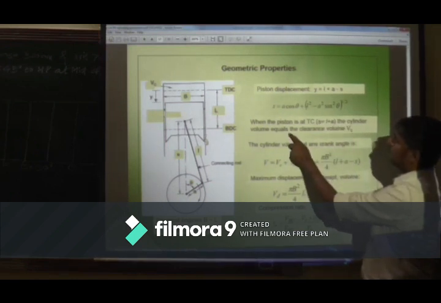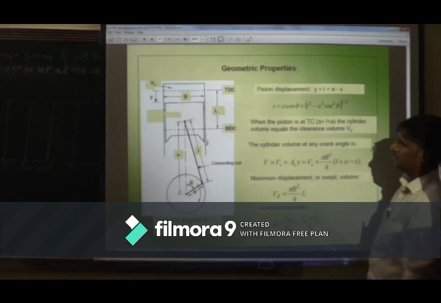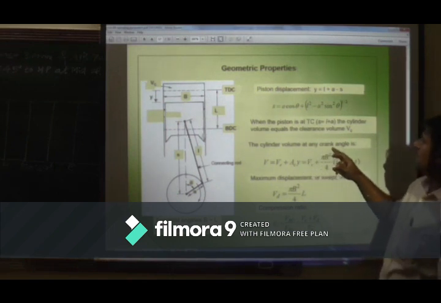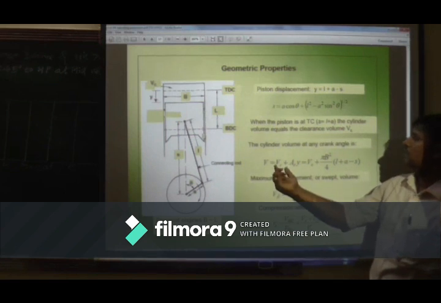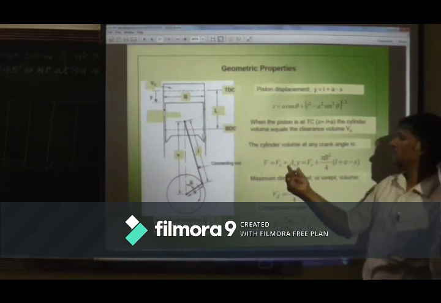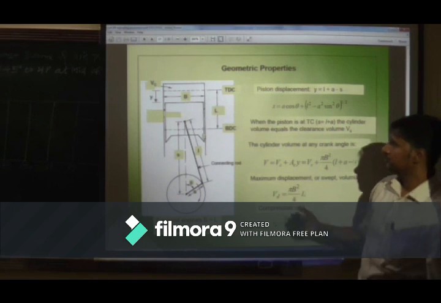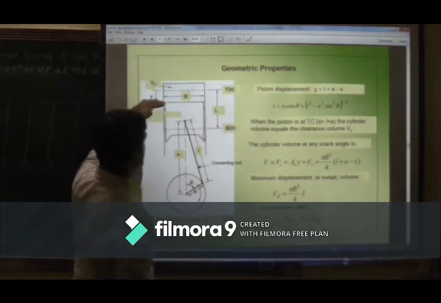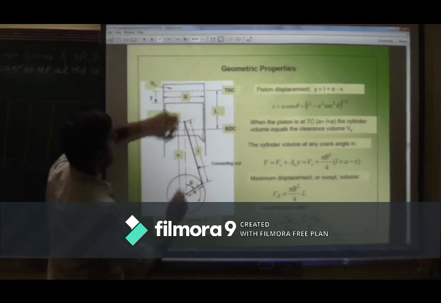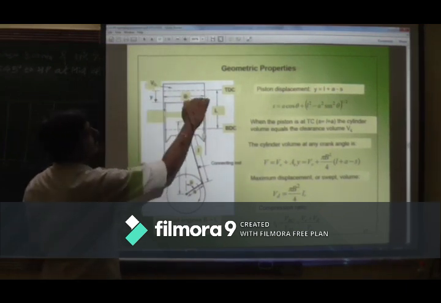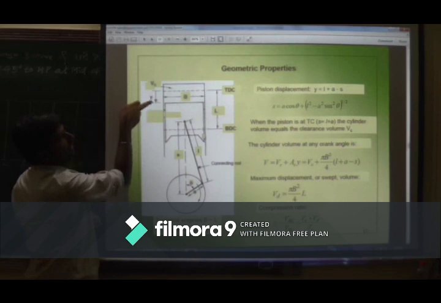The cylinder volume equals the clearance volume VC. The cylinder volume at any crank angle is thus VC plus AC into y. You know what the cylinder volume is? When the piston is at this position, how much is the volume? That is the clearance volume, and this much is the volume. So cross section area into height.